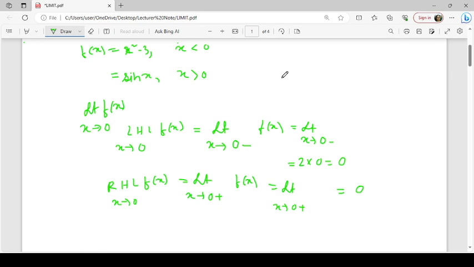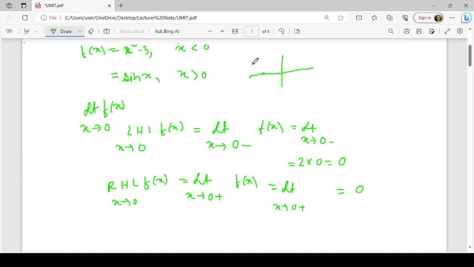For x square minus 3, at x equal to 0 it will be minus 3. So it is of this type. Where it crosses the axis, x is plus or minus root 3, so this is minus root 3.